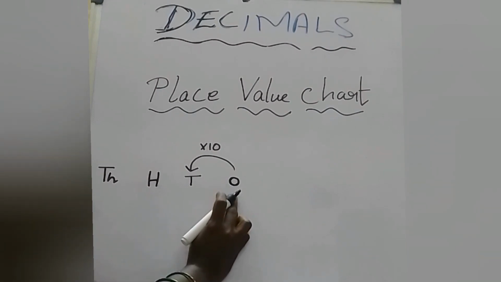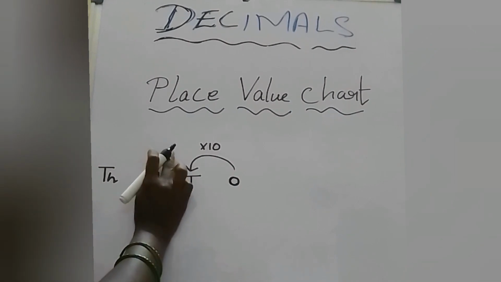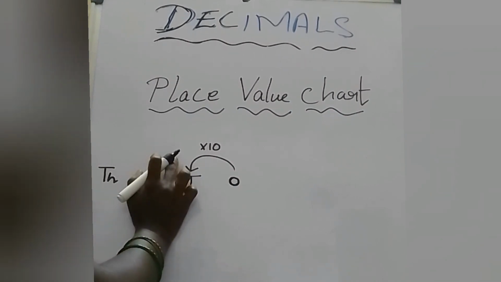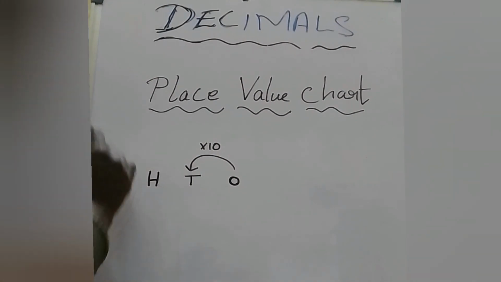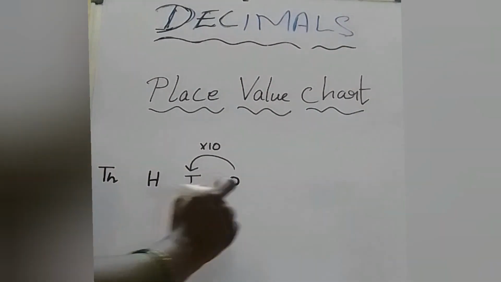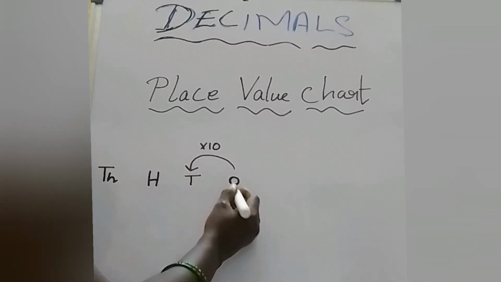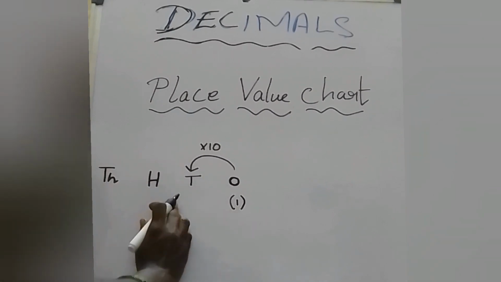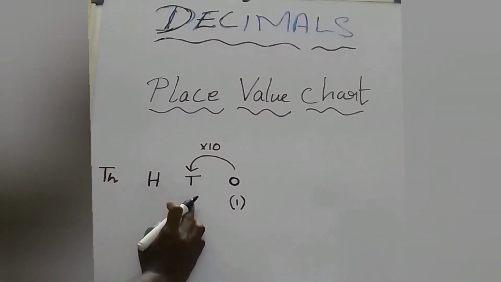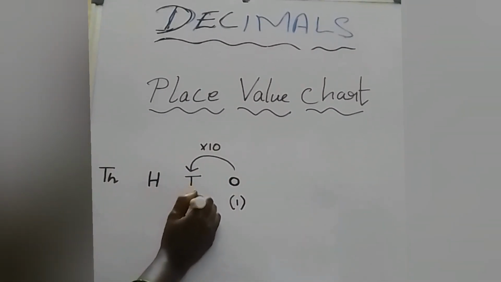Similarly, for each place you move, it should be 10 times. Carefully listen: the value of the ones place is 1. Moving one step to the left, to the tens place, 1 into 10 is 10.